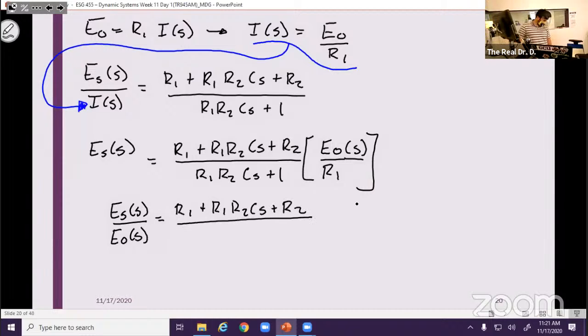And if I multiply through on the base by R1 here, I get that.